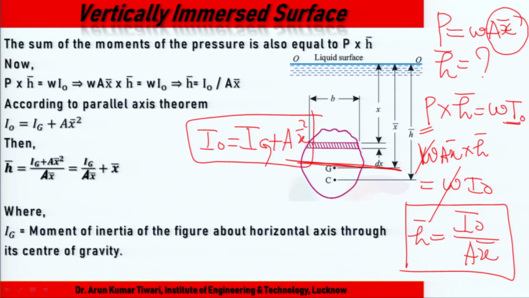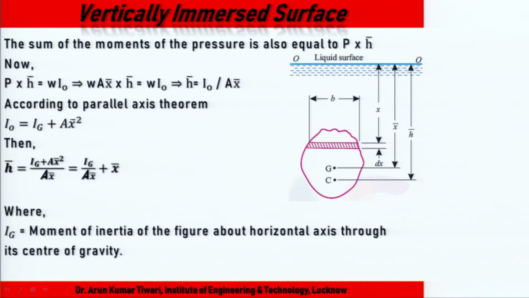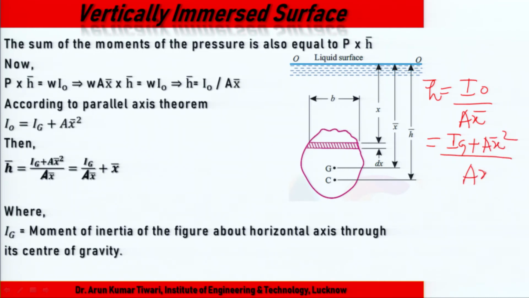Because we calculated h bar equal to I naught upon A x bar, in place of I naught we put I g plus A x bar square, upon A x bar.